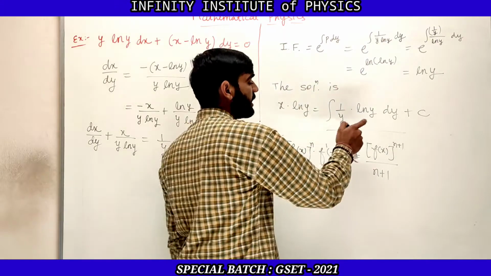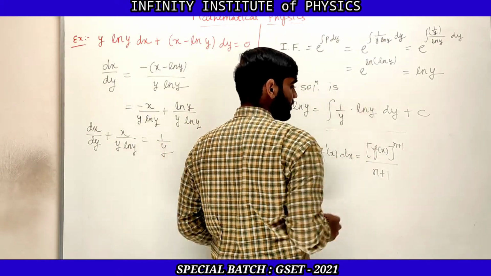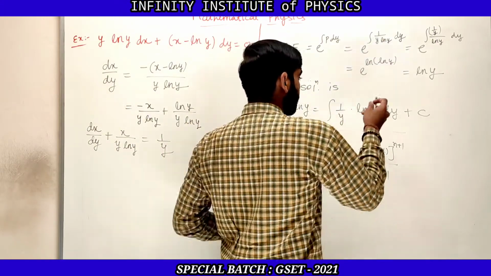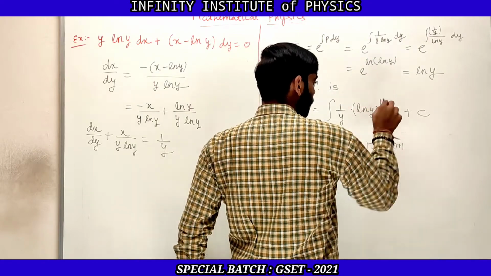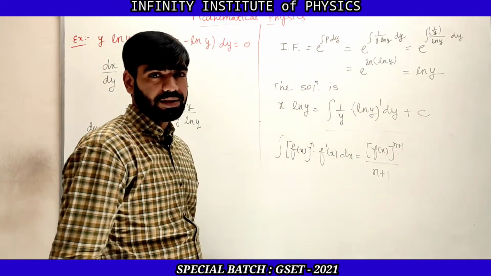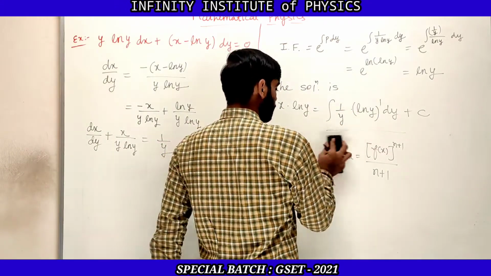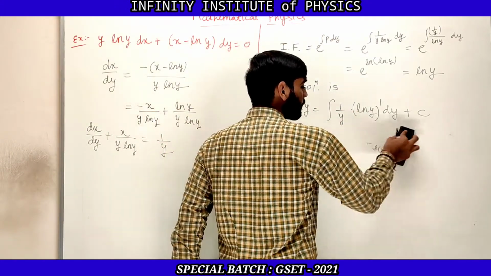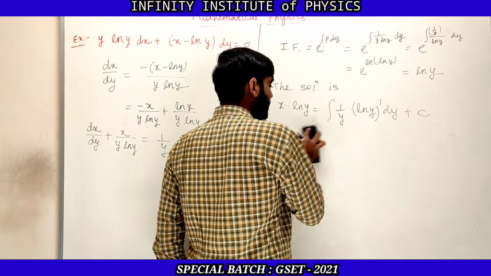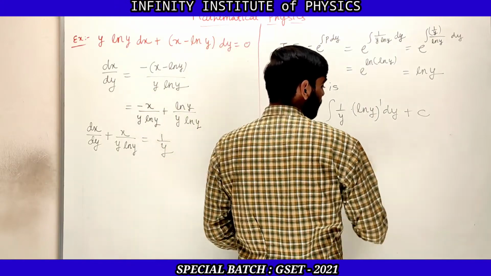So now clearly you can see that this is f of x raised to, if it is nothing, then it will be 1. So log y raised to 1 and the derivative of log y, that is 1 upon y. So that integration will be, there is an increment of the power by 1.